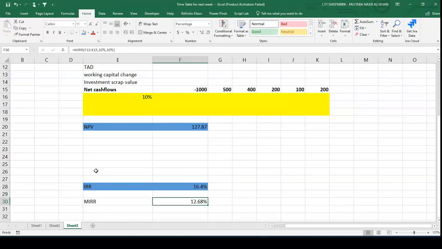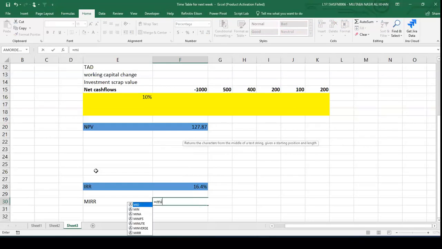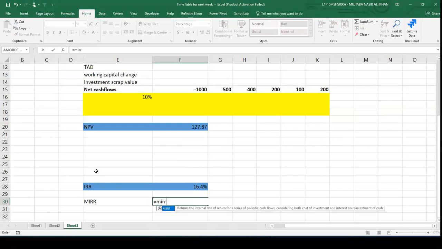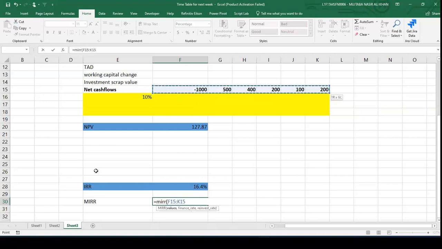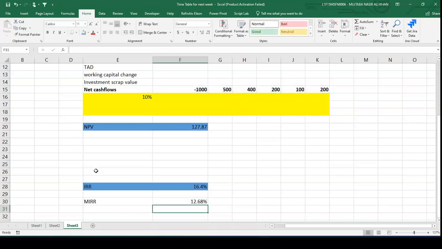For MIRR, simply write the 4-letter word MIRR, bracket start, select all values from year 0 till the last, and write the cost of capital twice, as the reinvestment rate and the financing rate. 12.68. That's how you will calculate the MIRR.